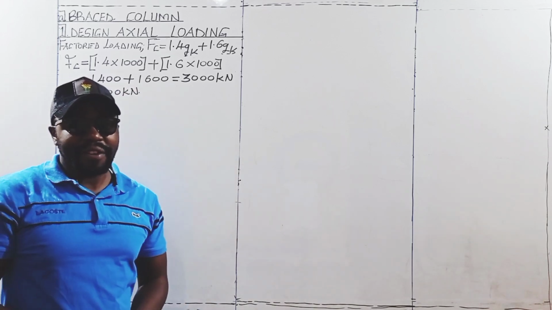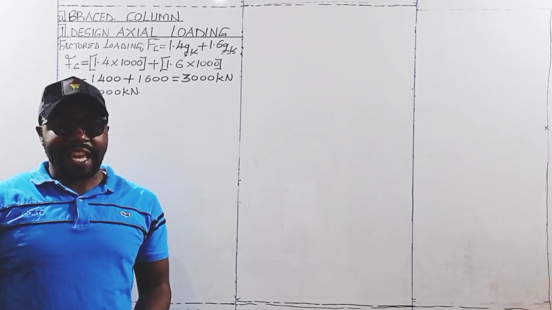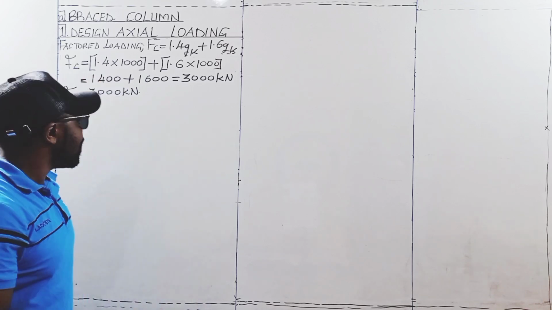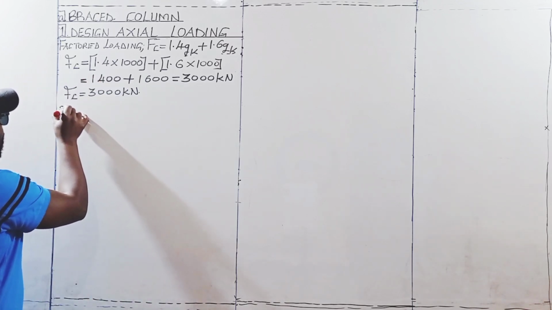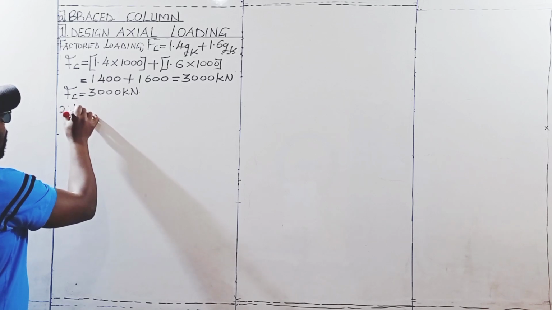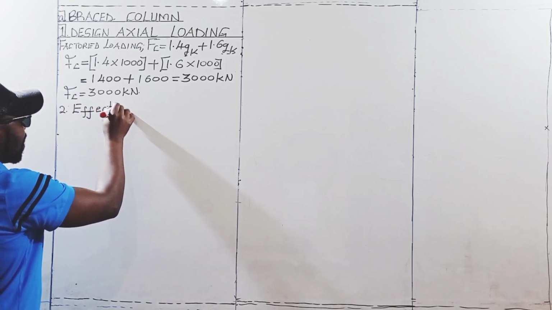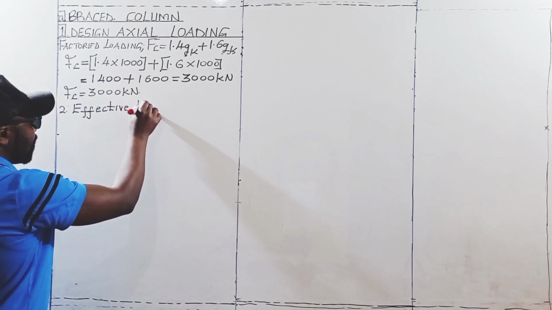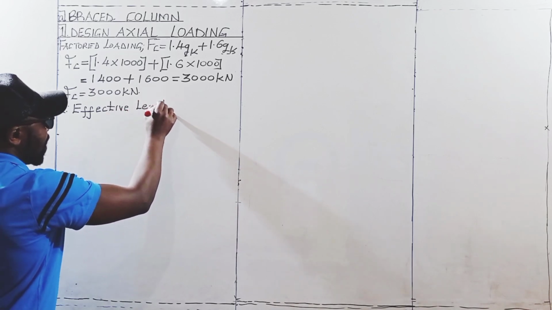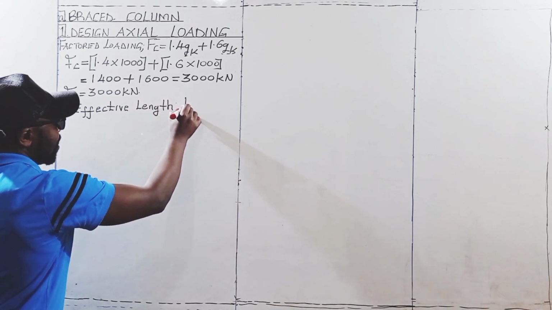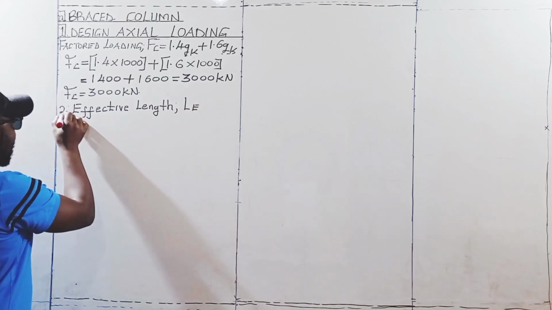Then from there, we are going to determine the effective length of this column. Step number 2, determination of the effective length of the column. Effective length is usually denoted by LE.